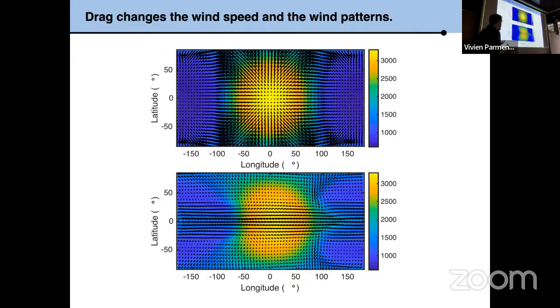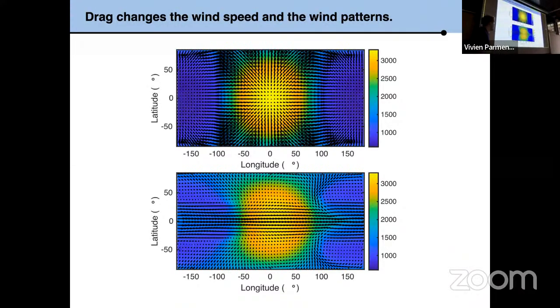The way we do that in our models is we just parameterize it with a dissipation term, a Newtonian relaxation towards zero wind speed with a given time scale. Meaning, if I were to stop the model and just look at inertia, then all the winds will stop after 10 to the 4 seconds. I'm adding that as a drag force, basically.